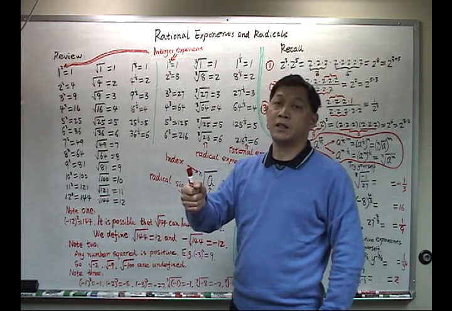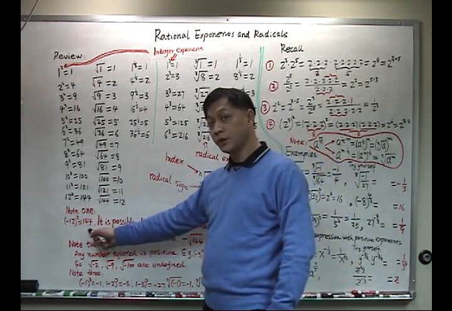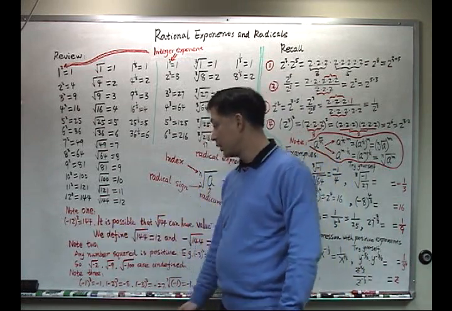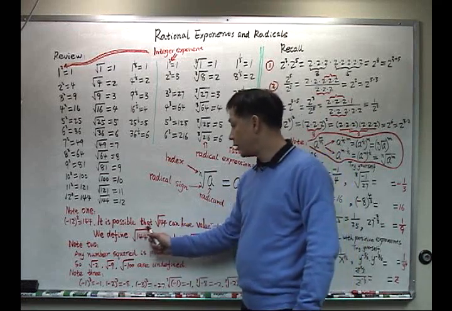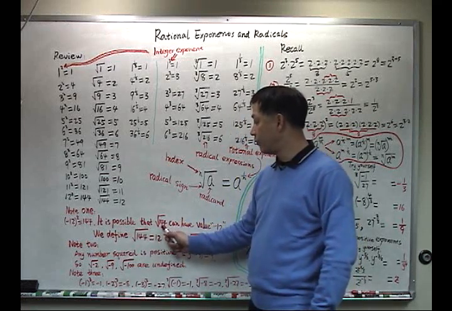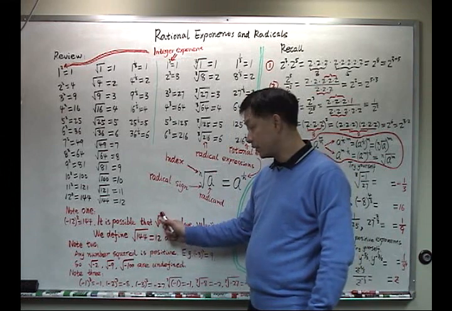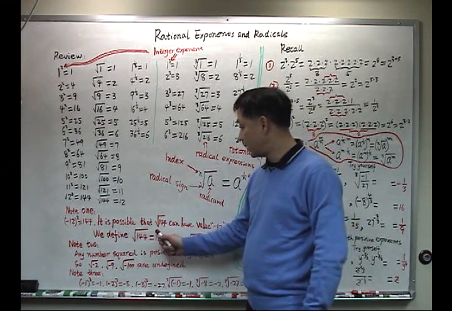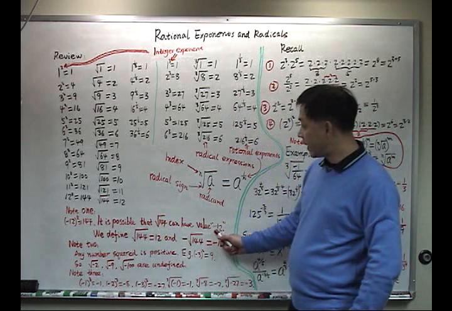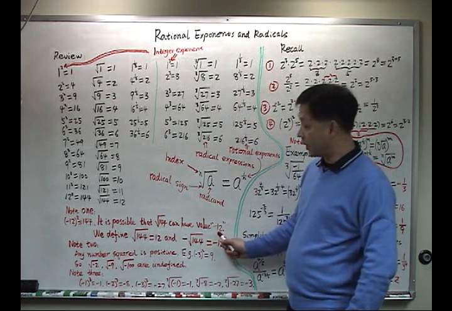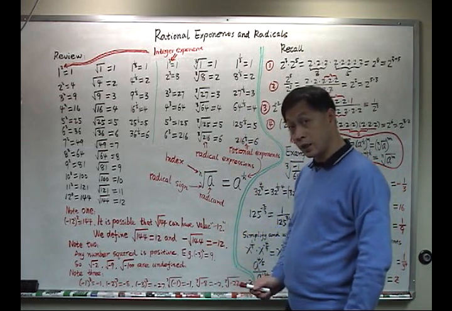So you have two negatives, that's positive 144. So when you go back from 144 with the radical sign, the value could be 12, could be negative 12.